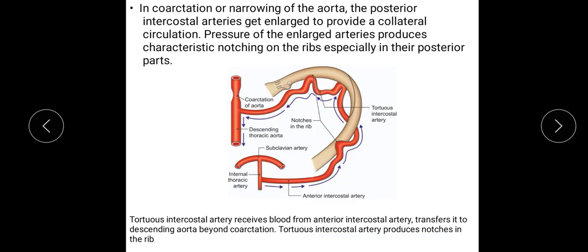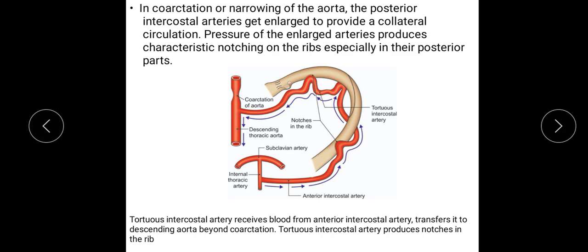And the coarctation of aorta. This is the coarctation of aorta or narrowing of the aorta. In coarctation of aorta, the posterior intercostal artery, this one is the posterior intercostal artery, gets enlarged to provide the collateral circulation.